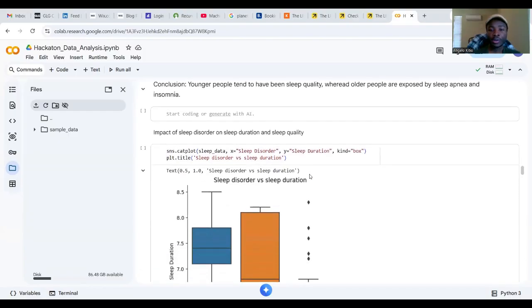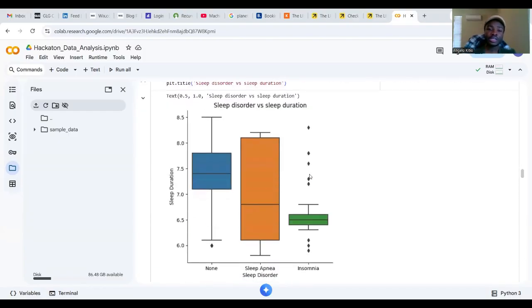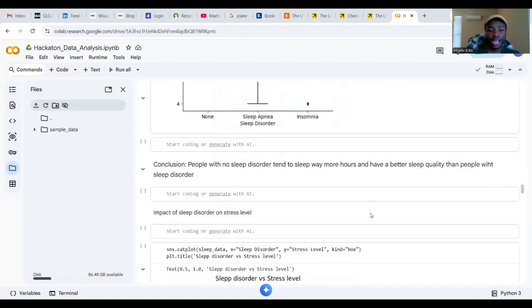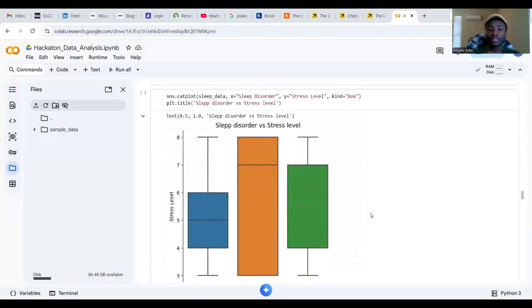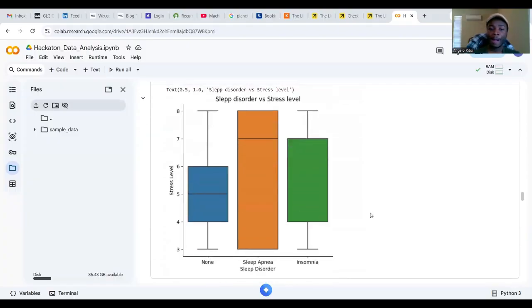And then we also try to understand the variability of sleep disorder versus sleep duration, which, as we just said, are highly correlated, so we don't have to come back to this again. And we just try to understand if there's a correlation between stress level and sleep disorder.